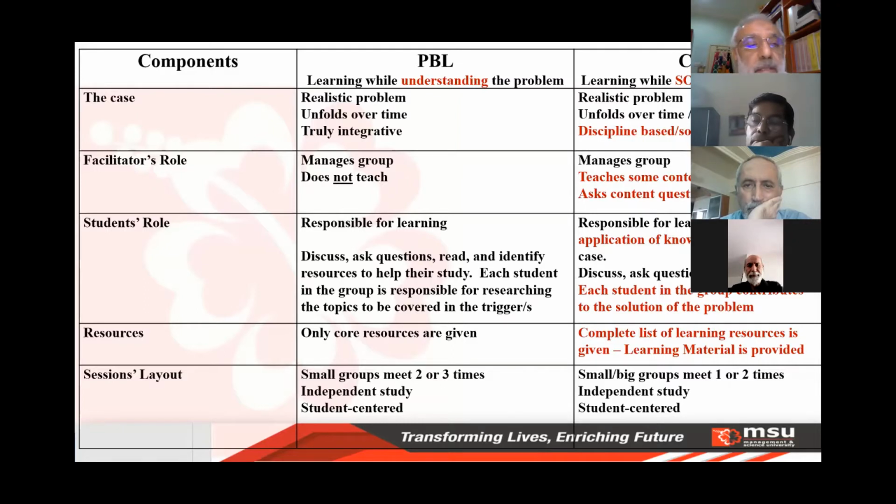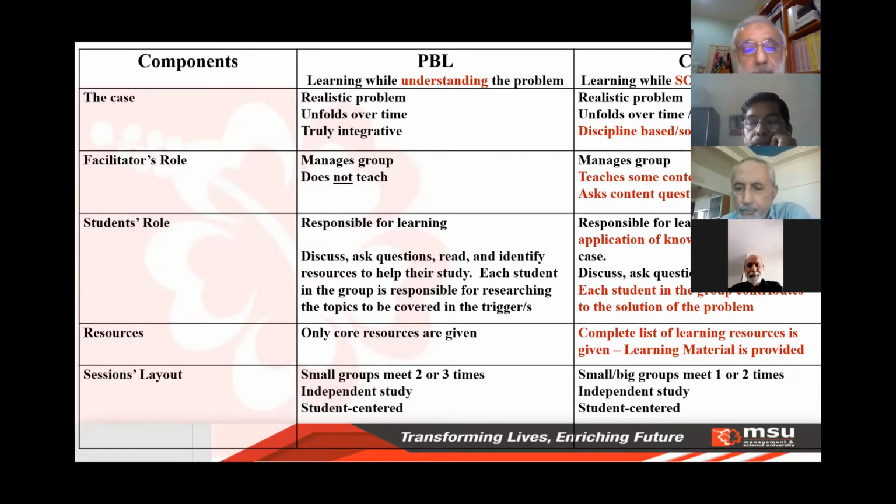In terms of students' role, in CBL, students are responsible for applying their previous knowledge, and each student contributes in the group to solve the problem under consideration. In resources, in PBL, we give only the core resources, whereas in CBL, the complete list or whole material is provided.